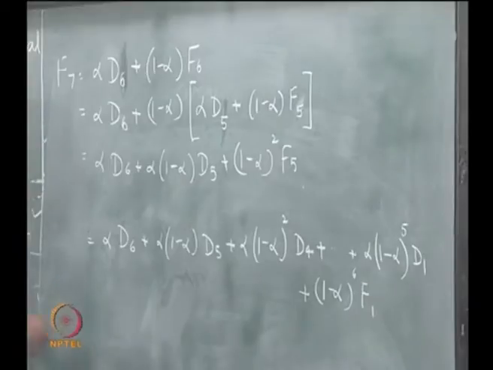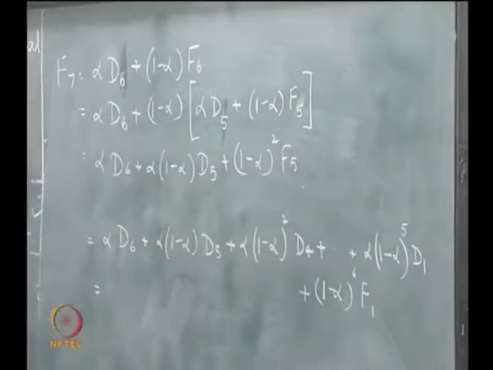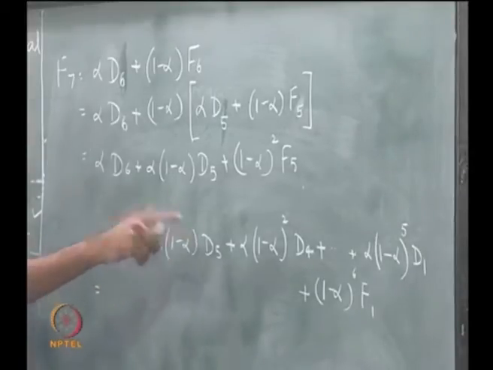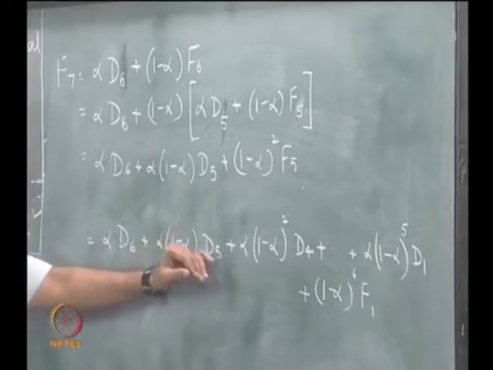If we start looking at these terms, each term uses the demand D and is multiplied by a number. Here it is alpha, it is alpha into 1 minus alpha, etc. So this can be treated as a weight associated with this demand.